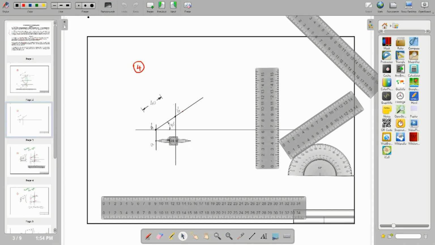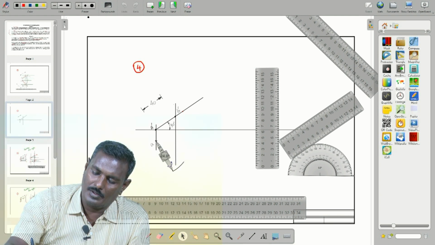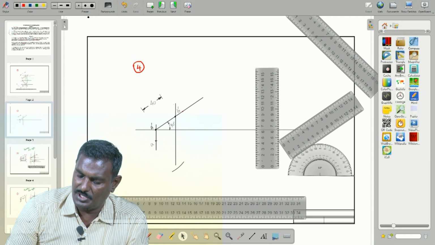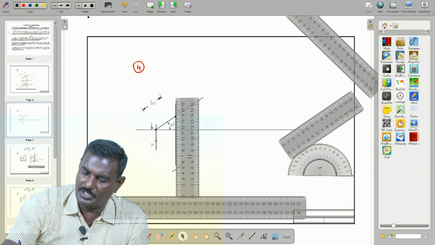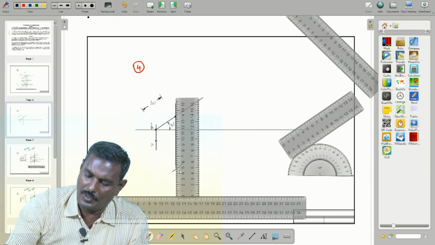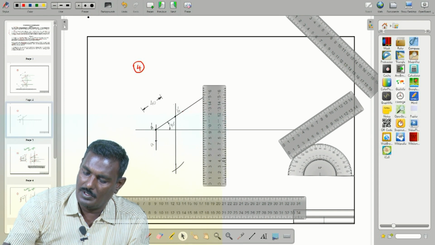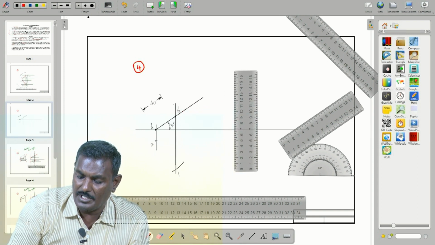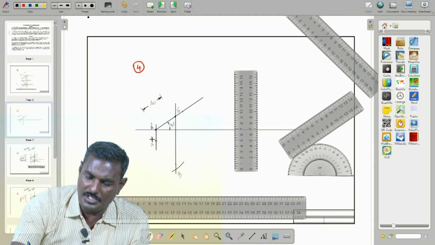Here placing on A, make an arc to intersect that. I just extend this line also, so I just move the scale and extend. This point is given capital B, this is capital A.